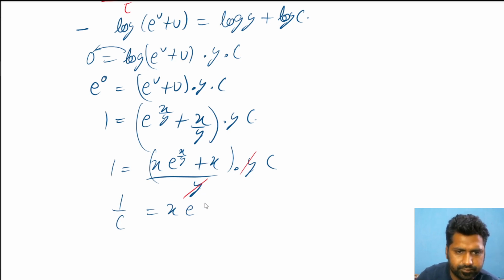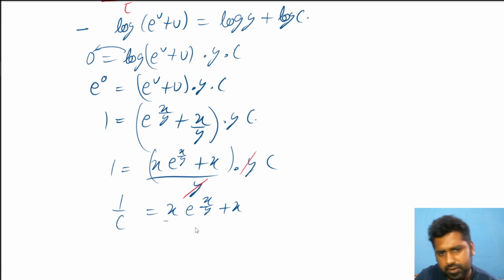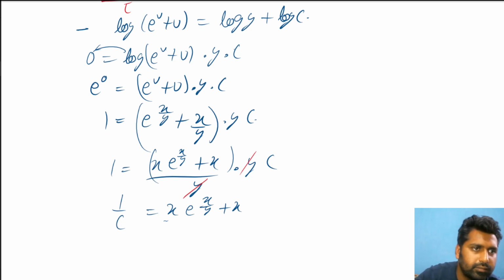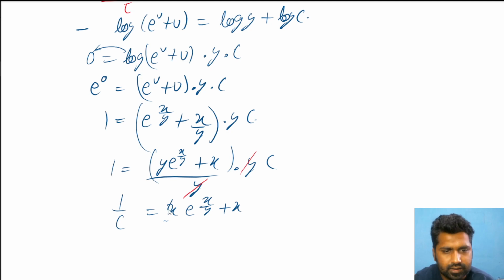by y plus x. You can take x also as common. Sorry, bad habit. This was y. After taking LCM, it was supposed to be y. So y e raised to power x by y plus x is equal to 1 by c, and you can call this 1 by c as another constant k, or c1, c2, or call it a new c also.